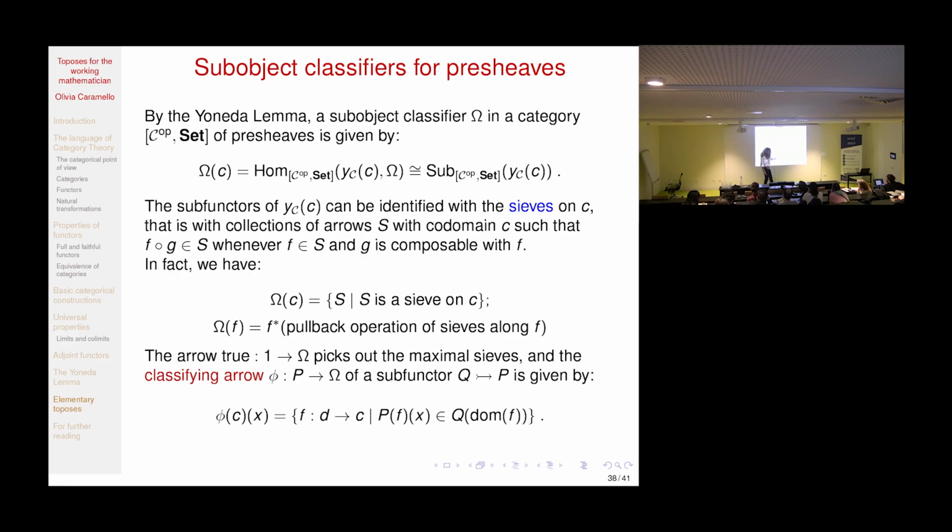And so, actually, what you have to do is to consider the collection of all the arrows from a given object to C, such that when I move this element along the arrow, I remain inside the subobject.